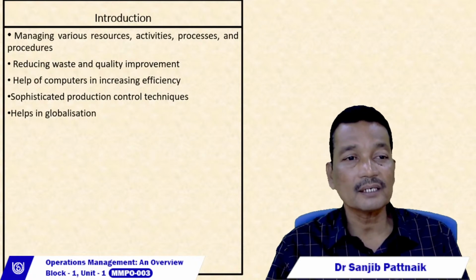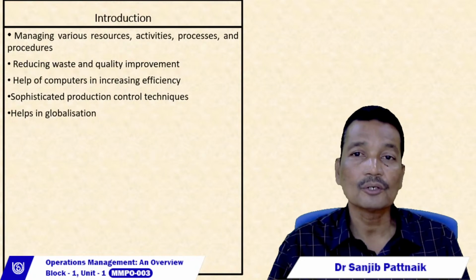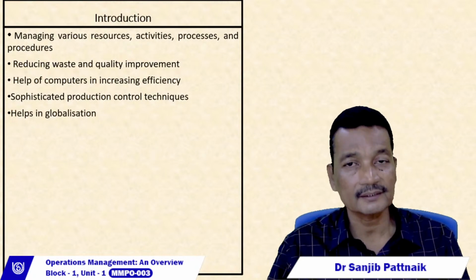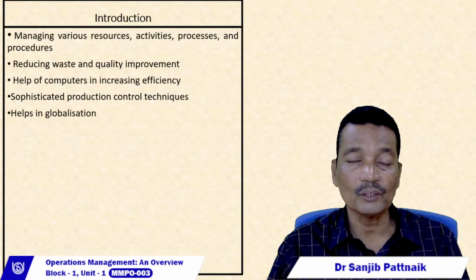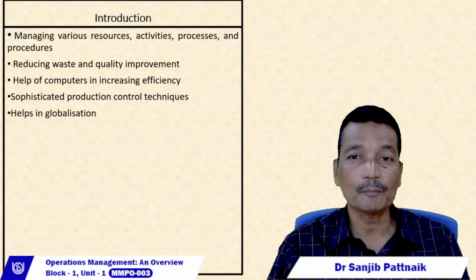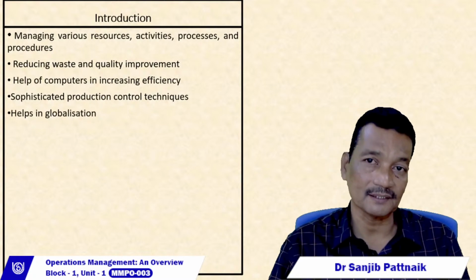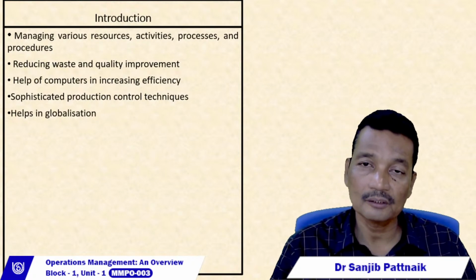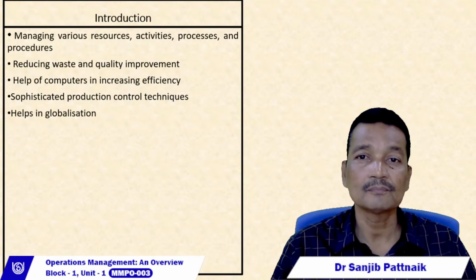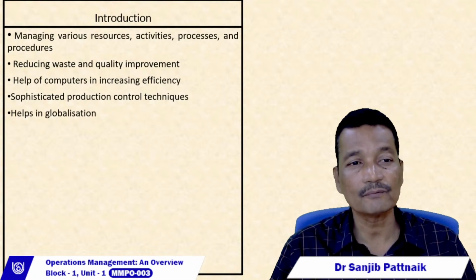And nowadays we are using not only computers but also robots or robotics as well as artificial intelligence which streamline the operations management and increase the efficiency. That means producing the best quality output from a lower cost, so that can be done through the use of computers.